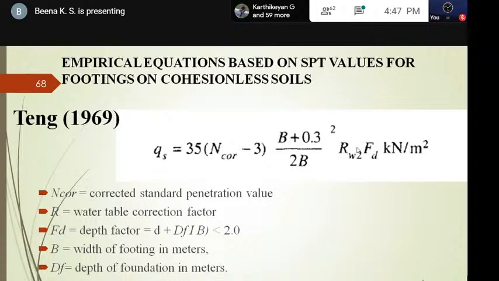Rw2 is the water table correction factor, and Fd is the depth factor, which we normally take as 1 plus D by B, which is actually less than 2.